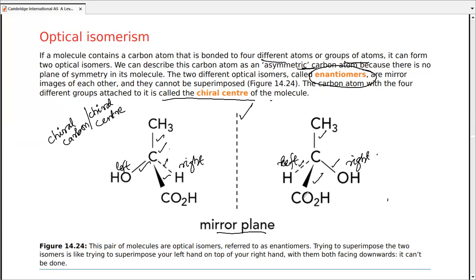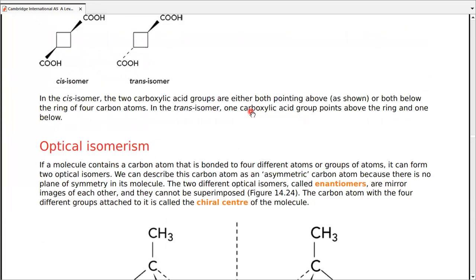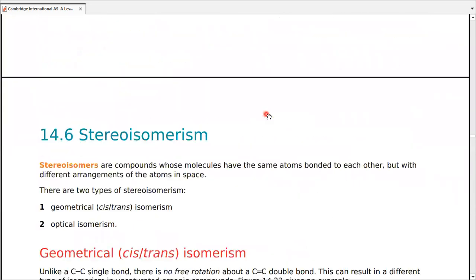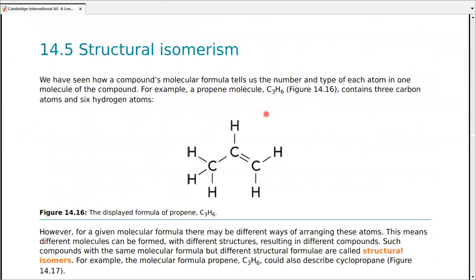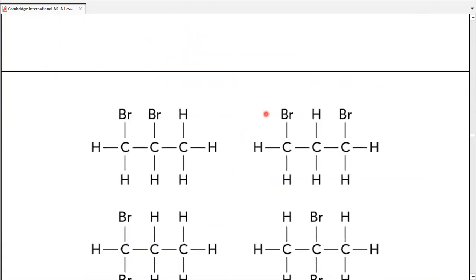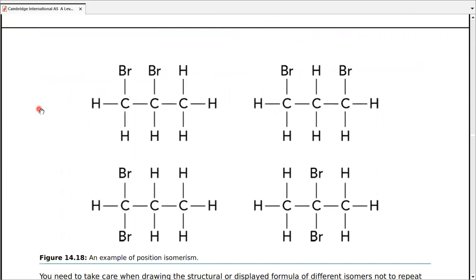We have been using the word isomers lately, but now I am going to explain the major difference to you. In order to explain that difference, I'm going to take you a little bit back to the start of isomerism. When we were defining isomerism, this is the specific example we considered for position isomerism.